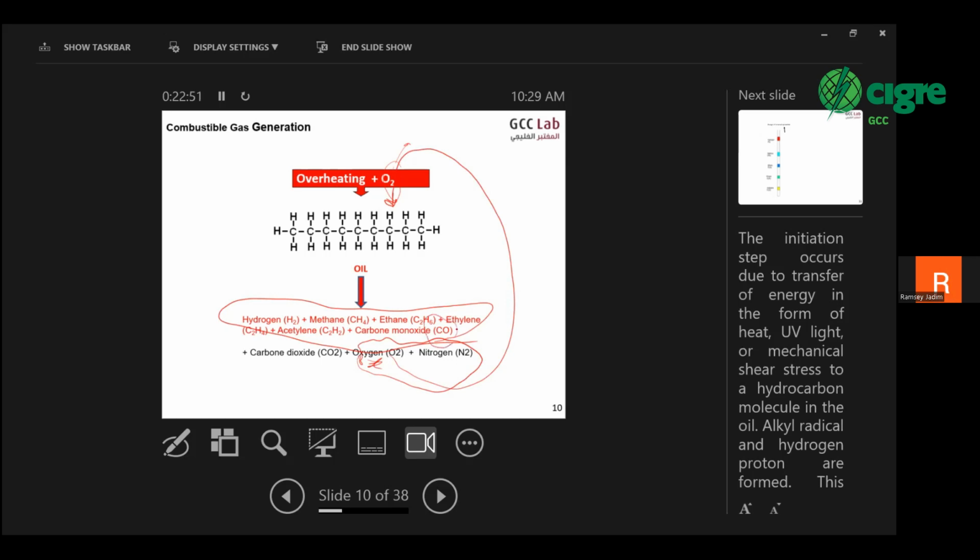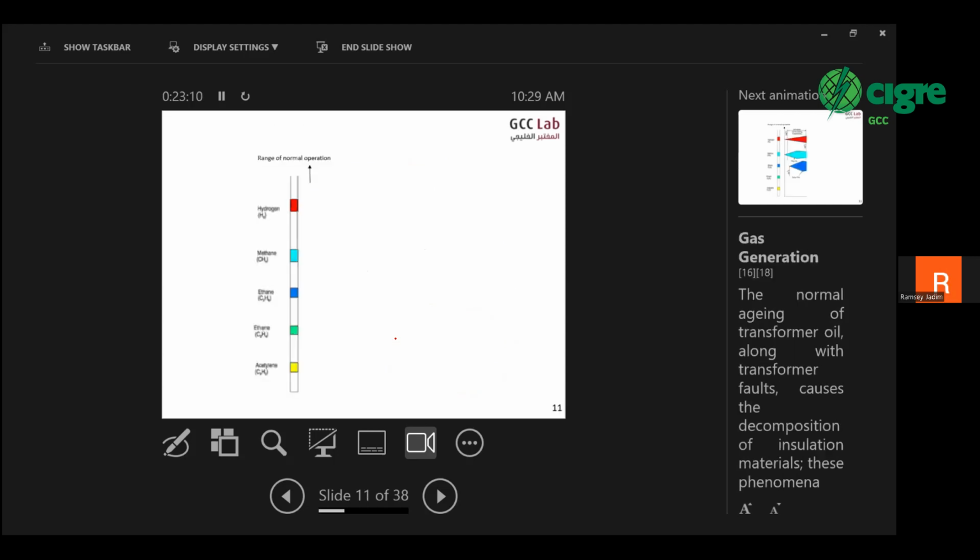CO, carbon monoxide, also gives me information about the paper. I will come to this later. So each gas gives me an indication of something. I will talk about this now.